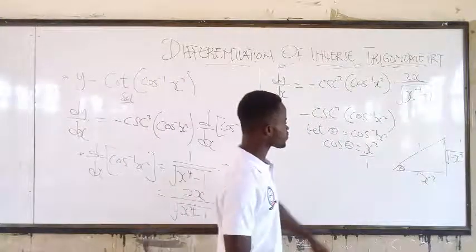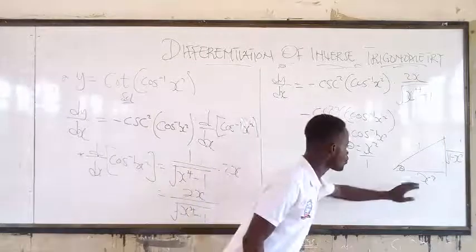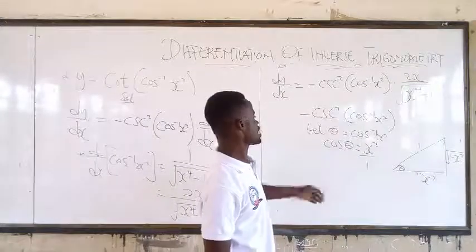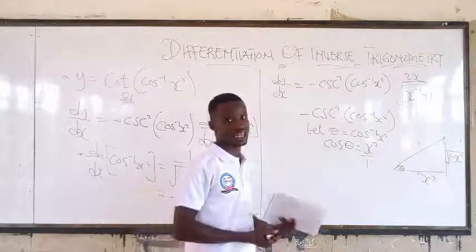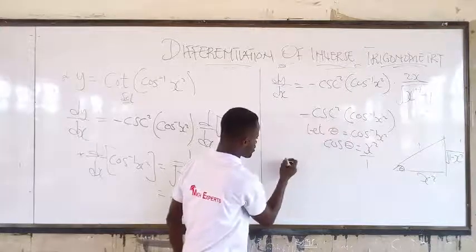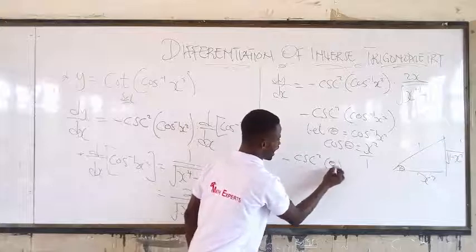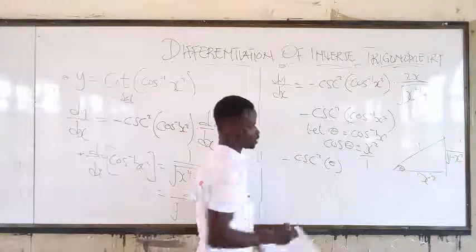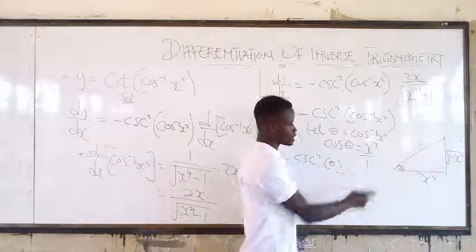Alright. So now after getting this, once you have this, then we can establish this. We can establish that, because now we are going to leverage negative cosec square theta, because everything here is theta. So now, what is cosec square theta?